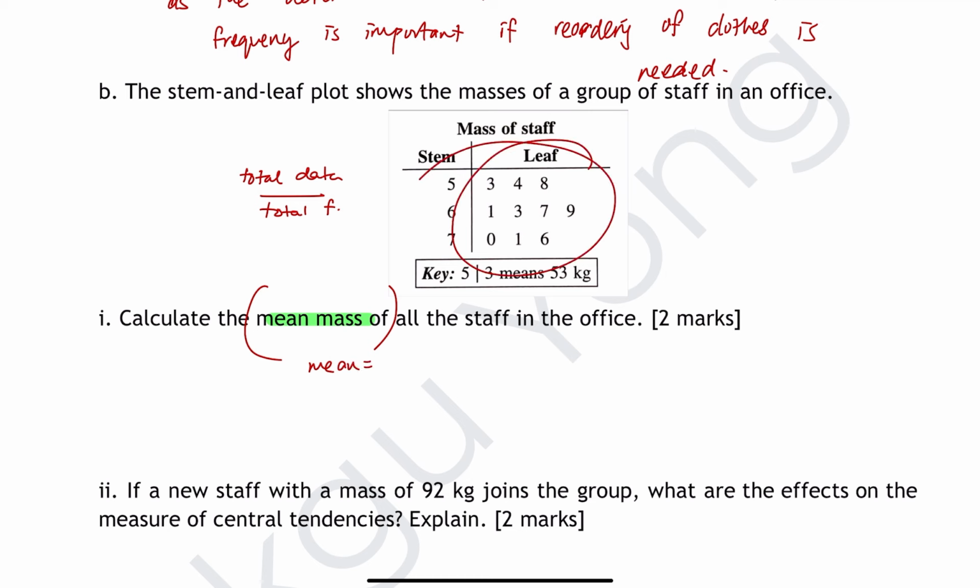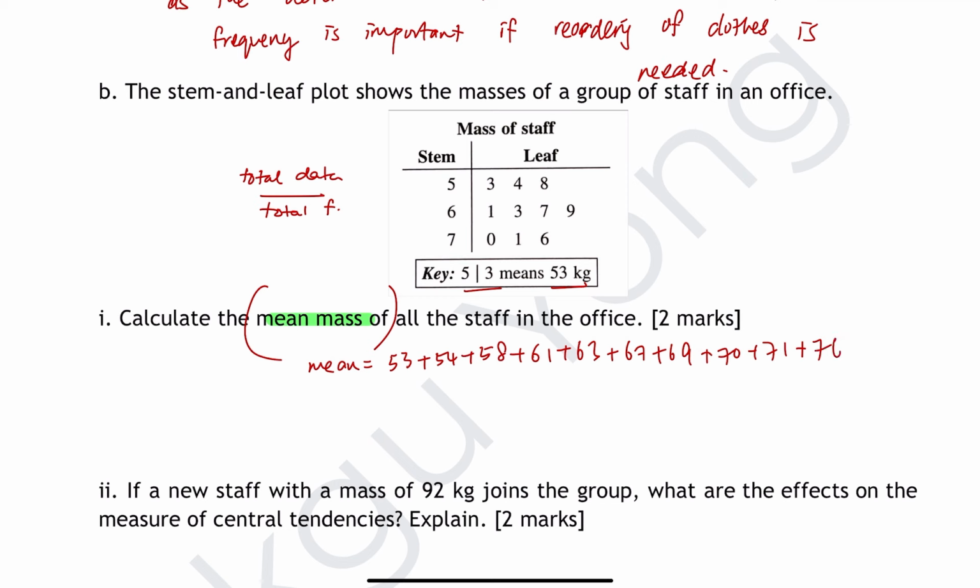Over here, this is a stem and leaf plot. You need to understand how to read it. This is the key where you can see 5, 3 means 53. And following this rule, you will have 53, 54, 58, 61, 63, 67, 69, 70, 71, and 76.